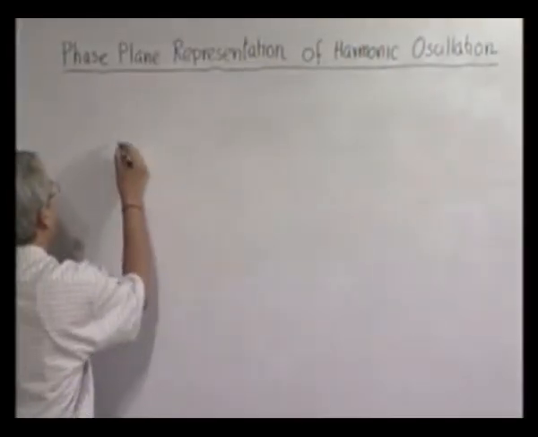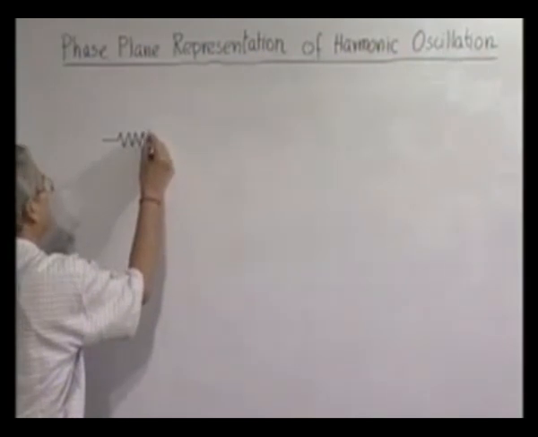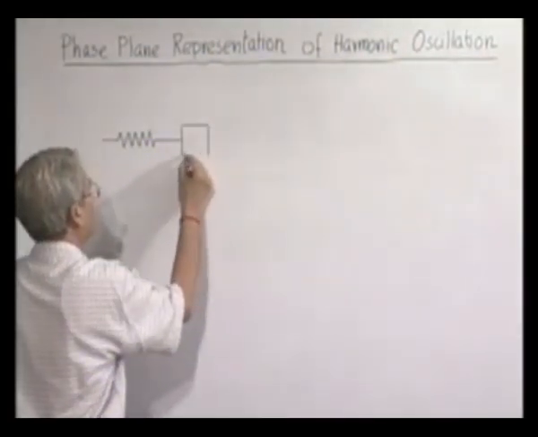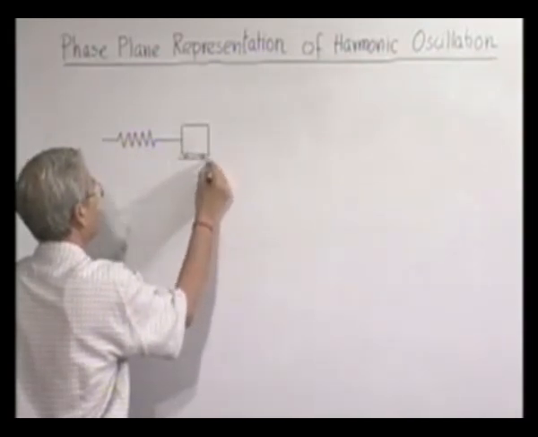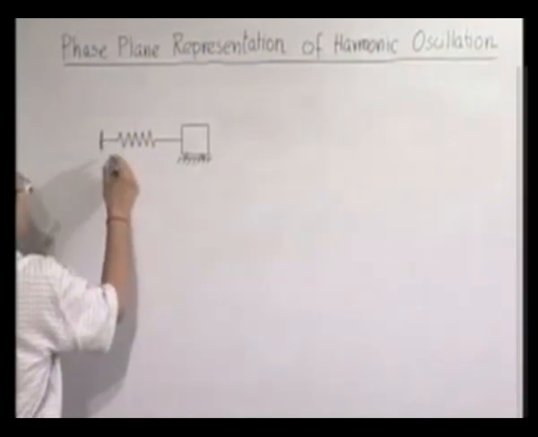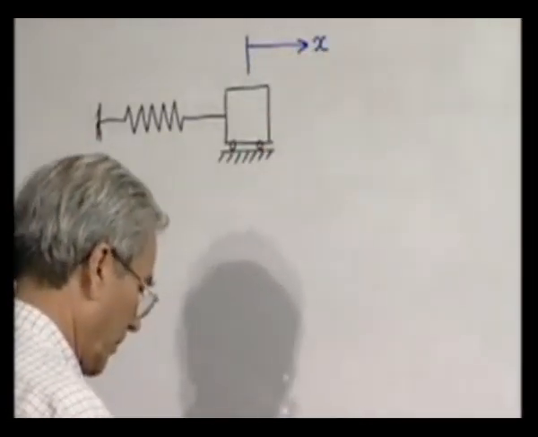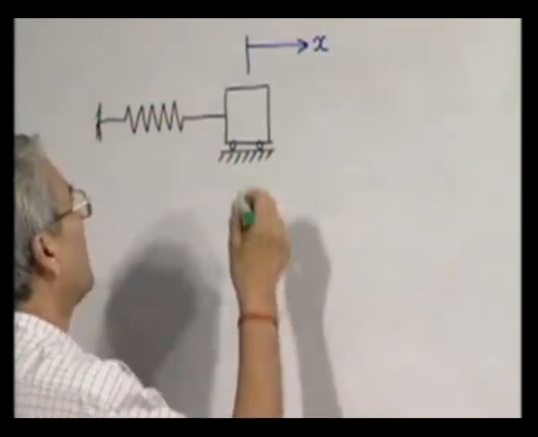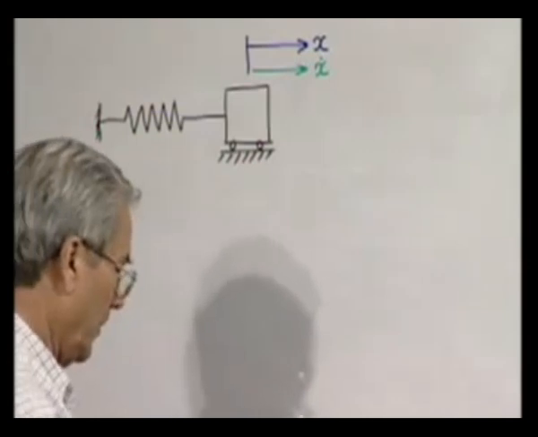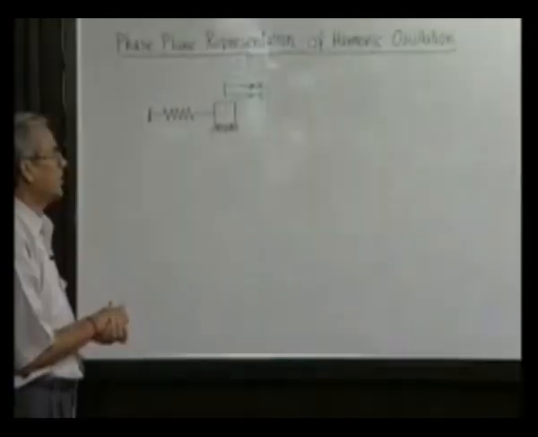If a spring mass system, say for example, a simple spring mass system, the mass is executing harmonic oscillation.